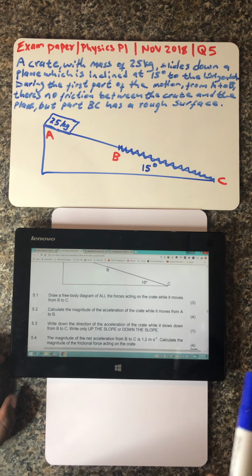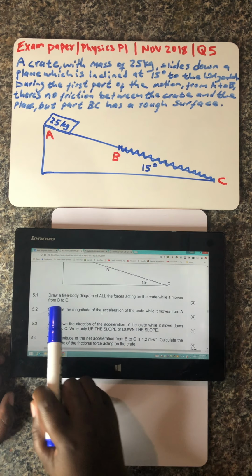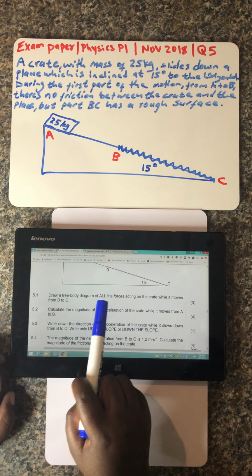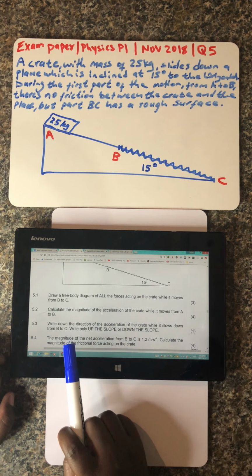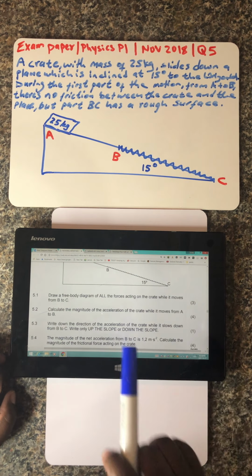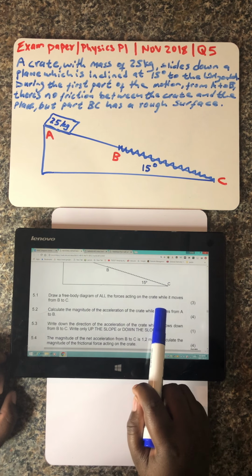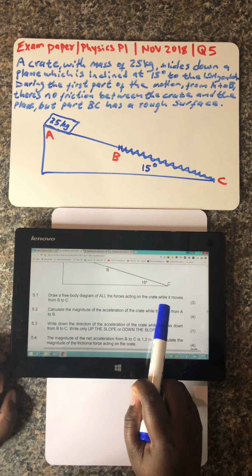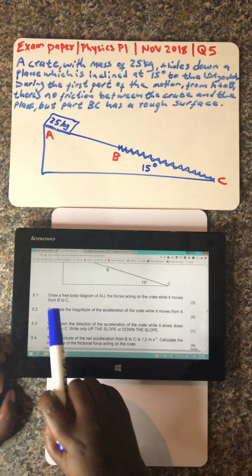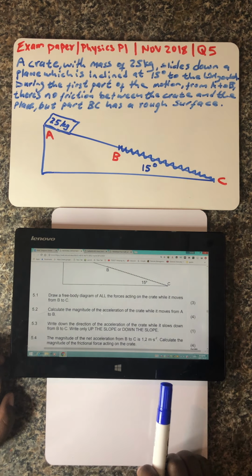So guys, let's now analyze this question. They are saying draw a free body diagram of all the forces acting on the crate. This part we all understand. But if you are in a rush and you don't read up to the end, just listen to this. They say while it moves from B to C. Very, very important.